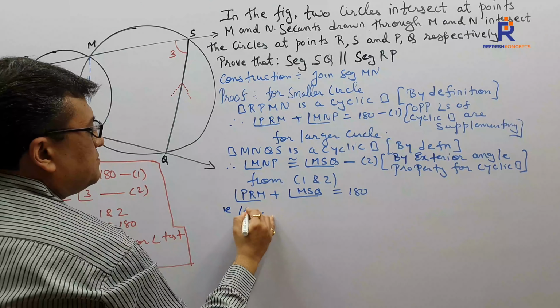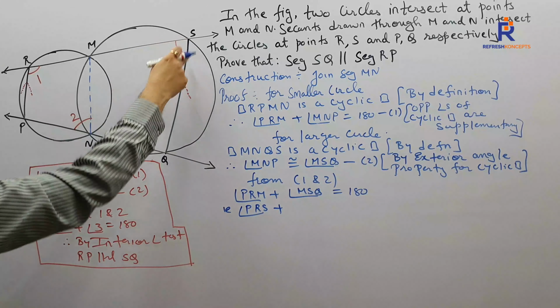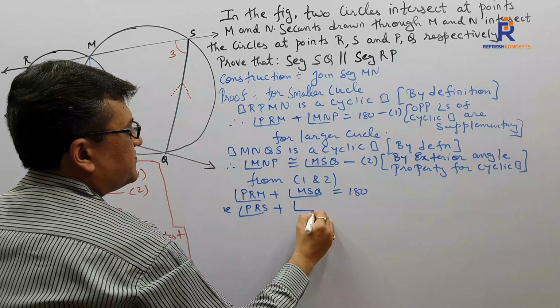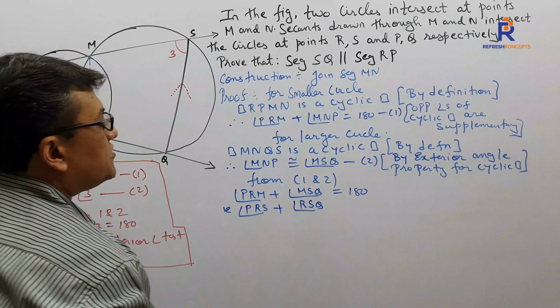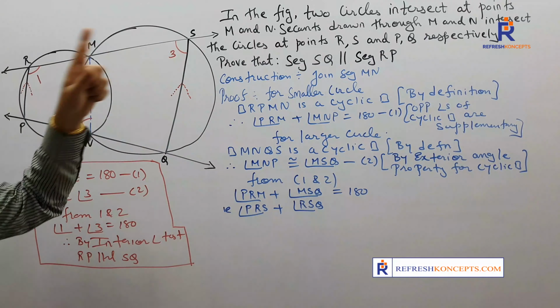PRS. And only MSQ will not do. I have to say RSQ. There are many who might be saying, sir, angle is the same. Absolutely. But we have to mention the collinearity R dash M dash S, for a simple reason.